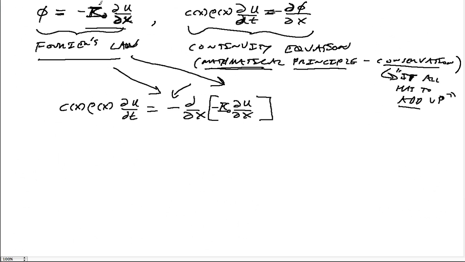Now for now, this could be a function of x, again, that material could change over space. We could write that as a function of x, and we leave it as this. But now, for simplicity, we'll say that c, rho and k0 are constants. That is, we have a uniform rod.